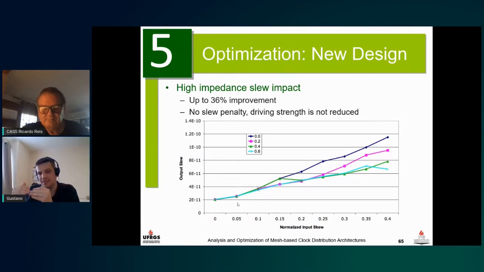In that case, we would not see an impact on the output slew because we would still see all the buffers switching from 0 to 1 at the same time. It's only that now they switch after some time spent in this high impedance state. So what the experiment shows is that we do not get a degradation of clock slew.